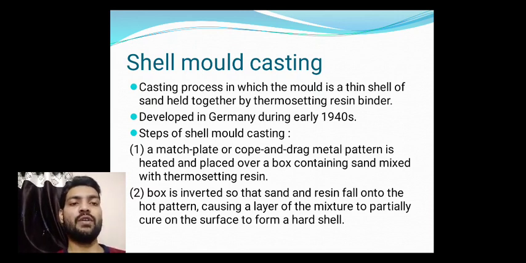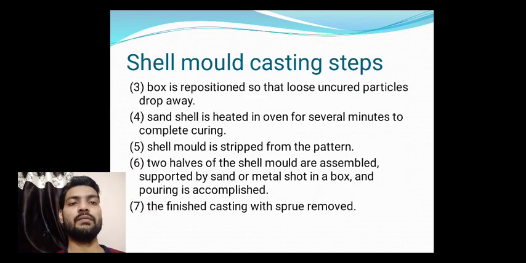A match plate or cope and drag metal pattern is heated and placed over a box containing sand mixed with thermosetting resin. The box is inverted so that the sand and resin fall onto the hot pattern, causing a layer of the mixture to partially cure on the surface to form a hard shell.